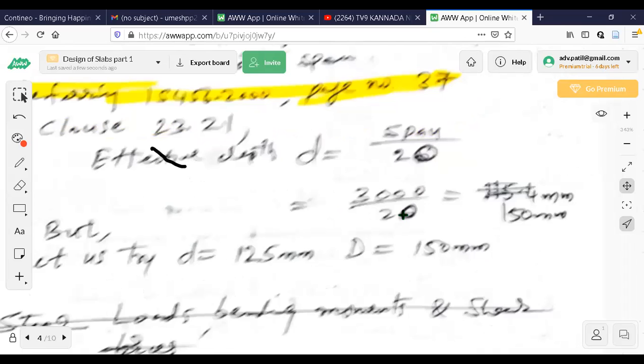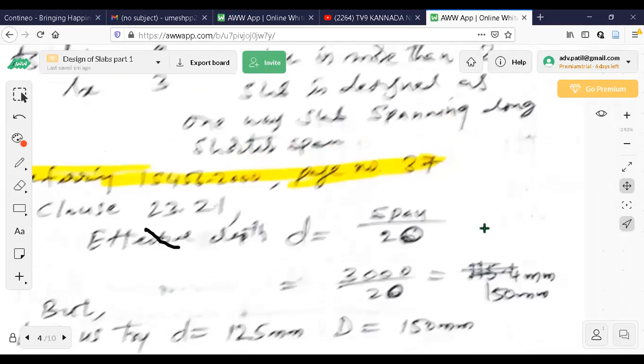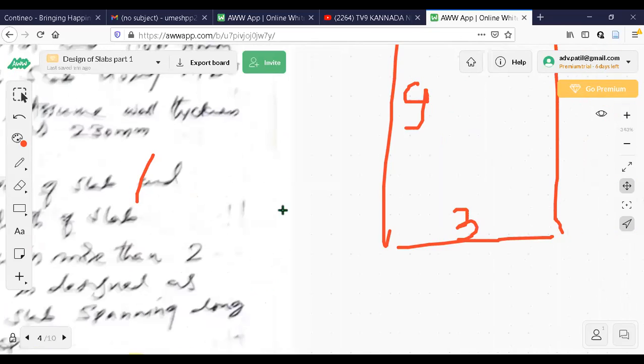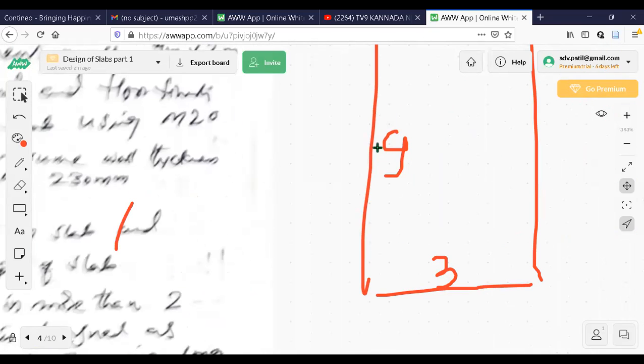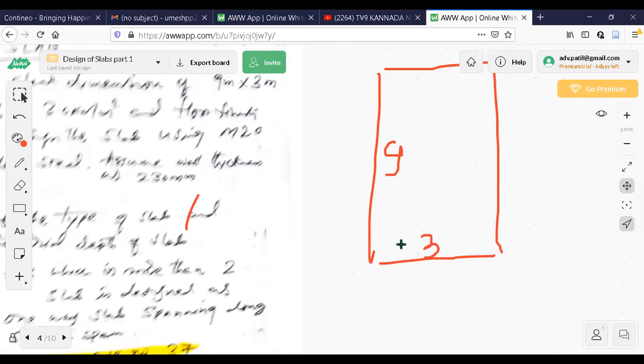Span is 3000. This 9 meter is not used anywhere now, only for checking Ly by Lx, whether it is more than 2 or less than or equal to 2. In no calculations will it come now.